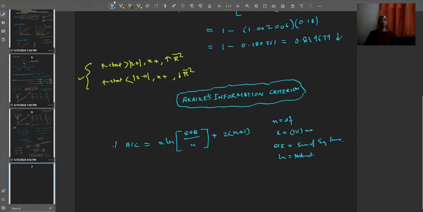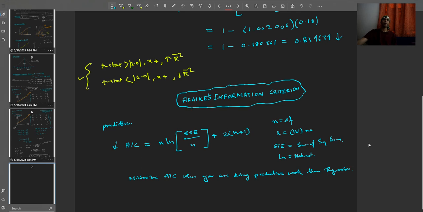The lower this value, the better it is. And this criterion is generally minimized when the purpose of the regression is predictive. So when you are trying to predict something through a regression, you should look at minimizing AIC.